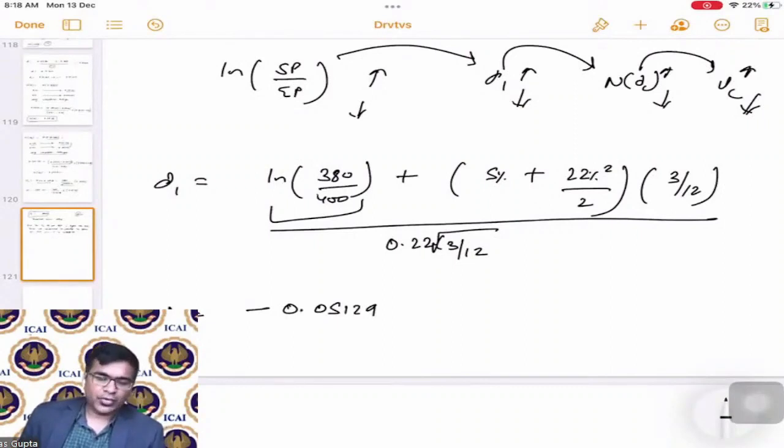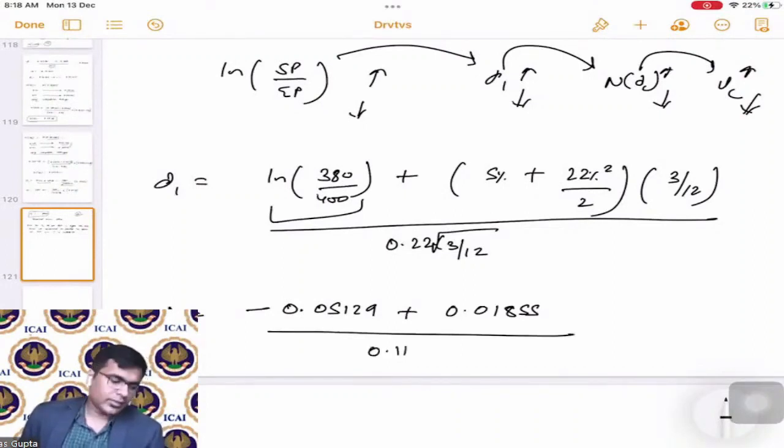This is the log 380 by 400 value plus, if we solve this part of the equation, 0.01855, this whole divided by 0.11. Correct? So this gives us the negative value of D1, 0.297636.